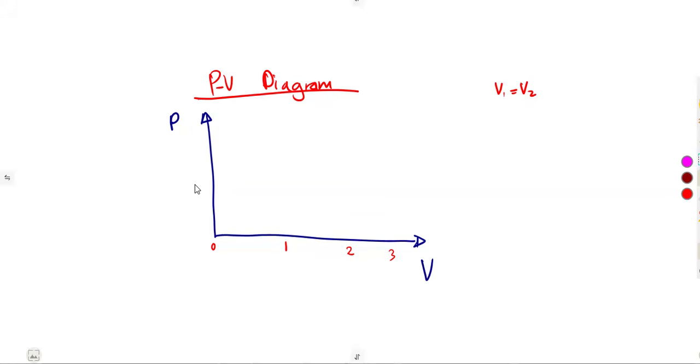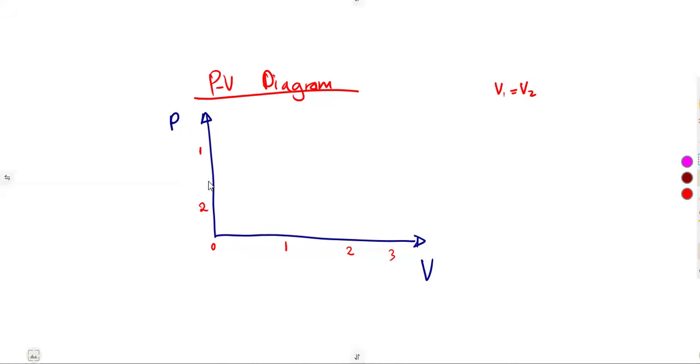They can be an expansion. Take note, they can be a compression. So let's start with a condition where the pressure is starting from a certain point 1 to 2, which is an expansion. So let's say this is point 1, point 2.